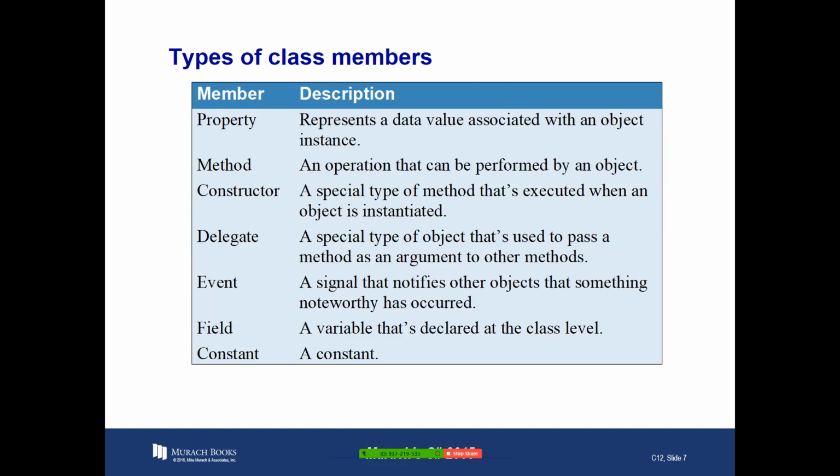So, types of class members. This is classes in general. We have properties, which represent a data value that's associated with an object instance. Okay, so this product class, let's say you have a store and you sell 5 different products.